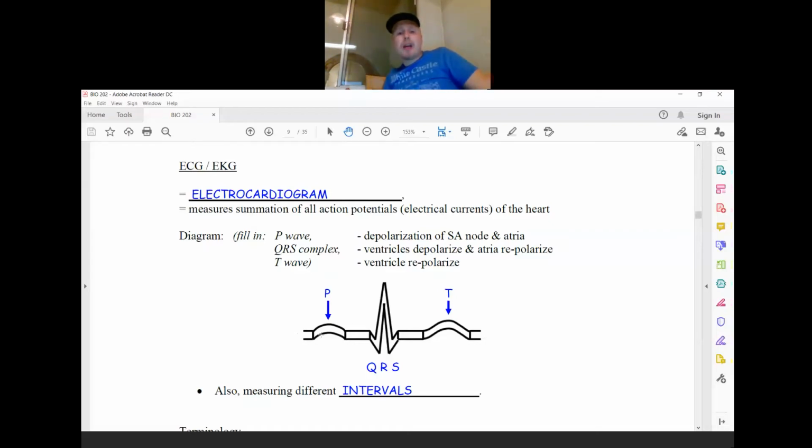So we'll notice that the first bump that we see on a single trace of an electrocardiogram is our P wave. The P wave appears when the depolarization of the SA node takes place. Also, the atria become depolarized at this point. So this depolarization causes a little bit of a bump on this electrical summation of action potentials. After that, there's a slight delay or resting phase, and then we quickly shoot down, then we shoot up again, and we shoot down again.